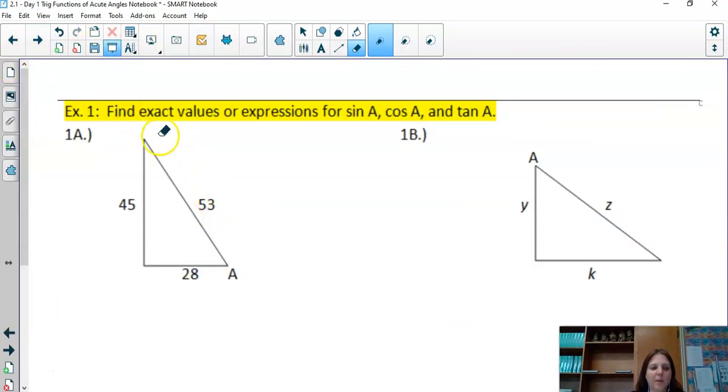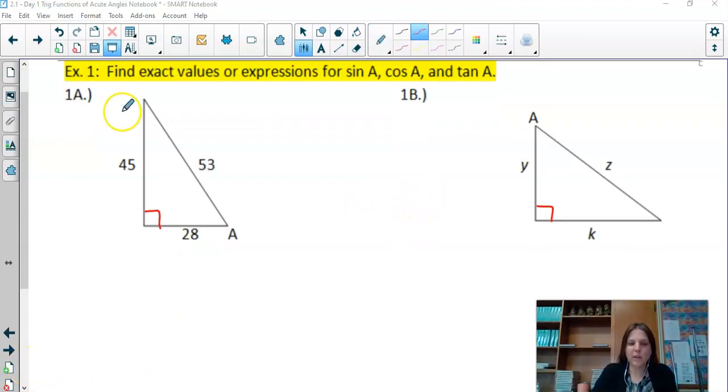Okay, example 1. Go ahead and pause the video after I explain it here. You're going to copy down the directions and copy down both of these right triangles. For each one of these right triangles, by the directions, it says find the sine of A, the cosine of A, and the tangent of A. A is just the given angle, and in this case, here's angle A, so I'm going to circle it.